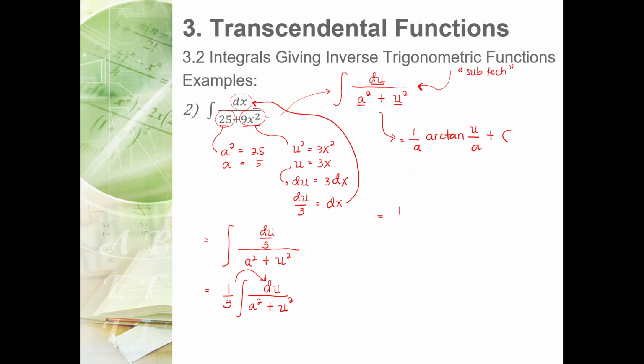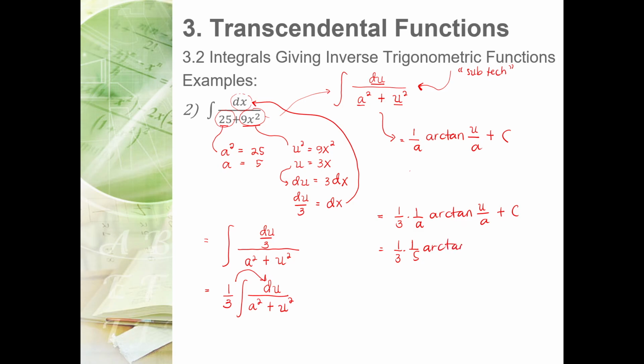So we have 1/3 times 1 over a arc tangent u over a plus c. So we have 1/3 times 1/5, that's the value of your a variable.